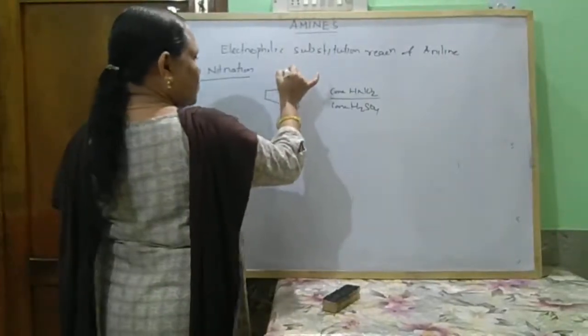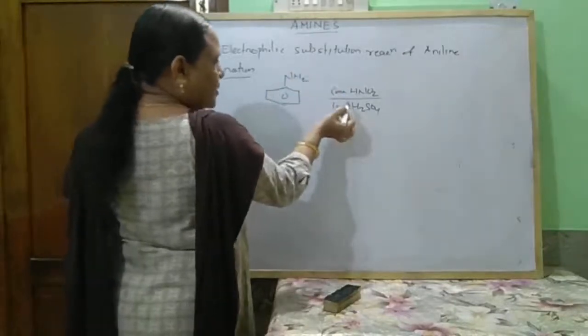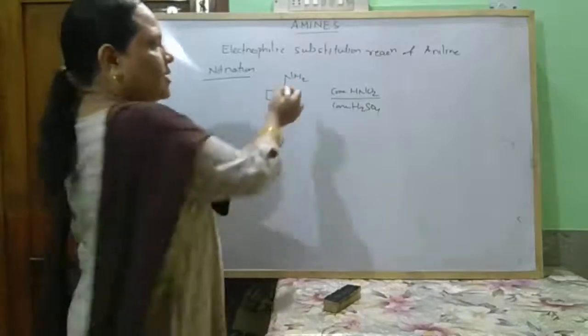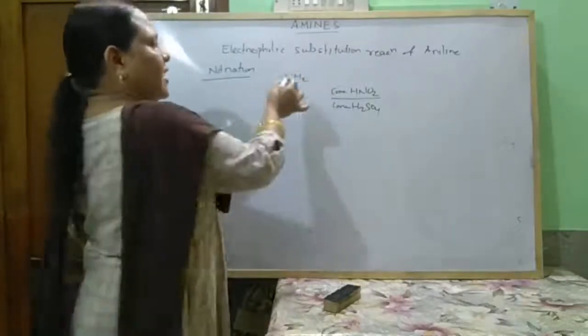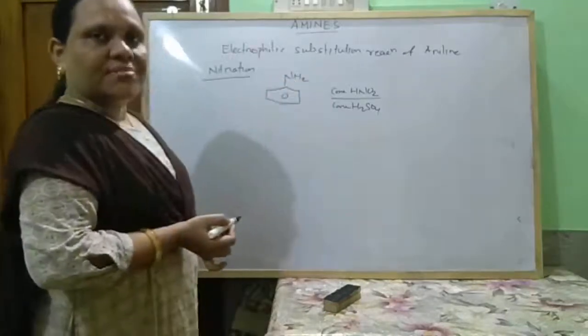This NH2 group is ortho-para directing, okay. And again this NH2 reacts with this acid to form the anilinium ion, NH3 plus ion. And this anilinium ion is now not ortho-para directing, this is meta directing.